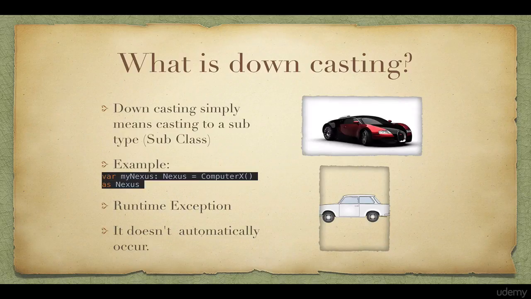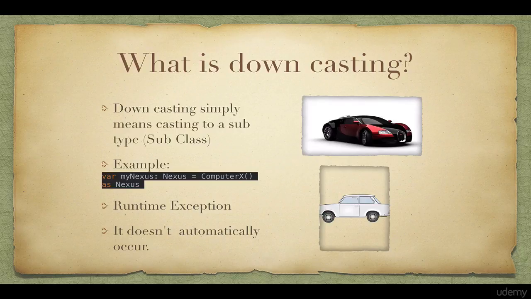And here we are assigning an object of type ComputerX to this variable, but the compiler is going to complain because it's not possible to assign an object of type ComputerX, which is a superclass, to a variable which expects an object of type Nexus, which is a subclass.